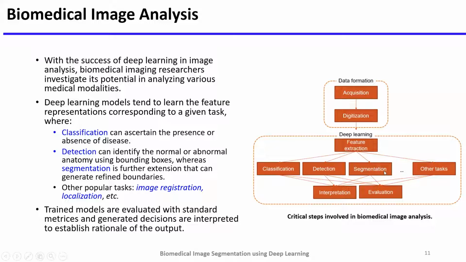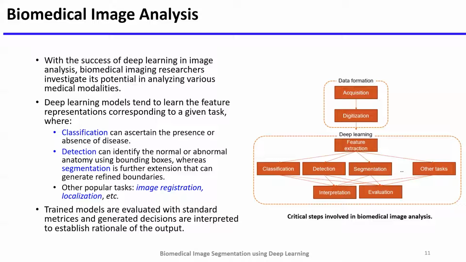Whereas segmentation is one step ahead. Here, we can generate refined boundaries around the identified regions. And we can also have some other tasks, like image registration and localization. All this is going to help us prepare that image for further analysis.